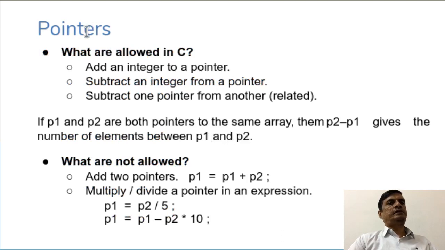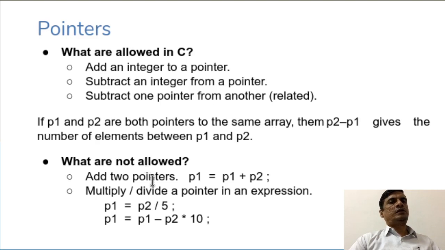And another thing that you need to understand while using pointers is what is allowed and what is not allowed. Adding an integer to a pointer is allowed, and subtraction of an integer from a pointer is allowed. Also, you can subtract one pointer from another.